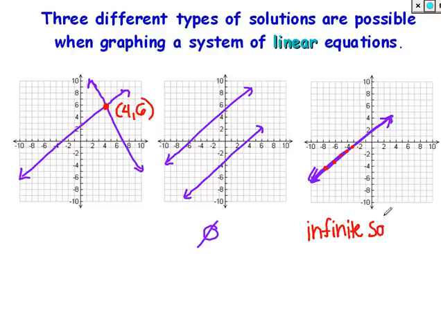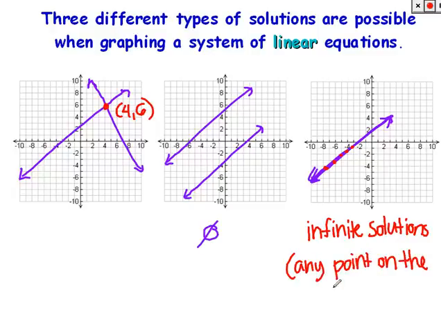And really, what infinite solutions means is any point on the line is a solution, if the system contains two lines that are the same line.